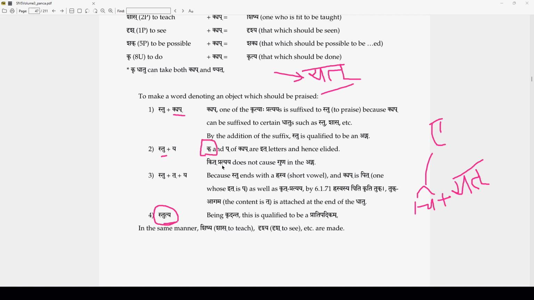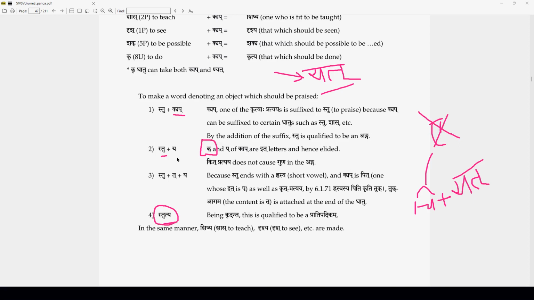So because it is a kit pratyaya, the effect is that the guna doesn't take place. So stu remains tu. That is the purpose of having the ka here.